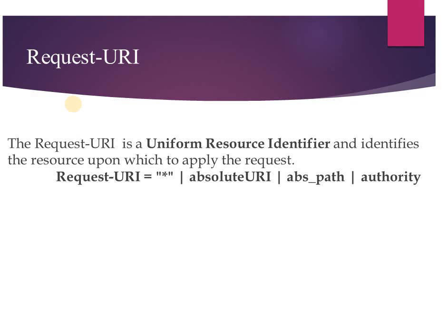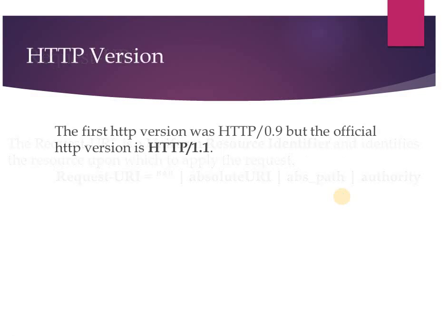So there comes the uniform resource identifier. Your request URI is in the form of: star, absolute URI, absolute path, or it can be authority.